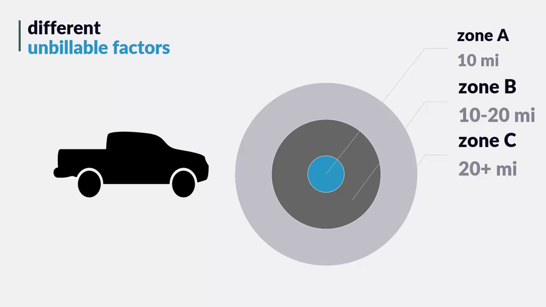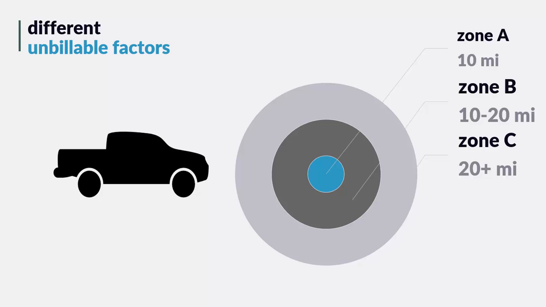So you could have a plow truck driver with an unbillable percentage of, say, 25% for zone A. Zone B, their unbillable percentage increases because their driving increases, so maybe use 30% for zone B. And zone C are sites that are even further from our shop, and maybe we use an unbillable factor of 35%. That way, the further away a site is from our shop, the more our labor is going to cost to service that site, assuming that we're not estimating drive time in the cost of the jobs.